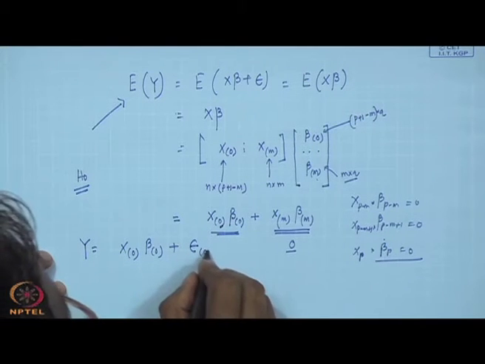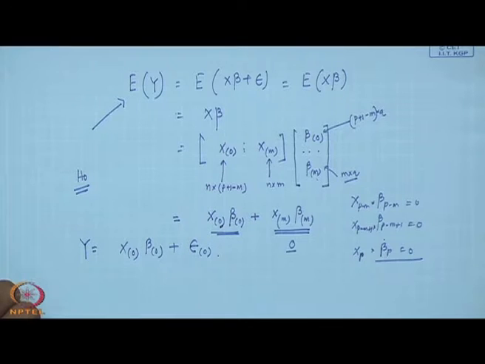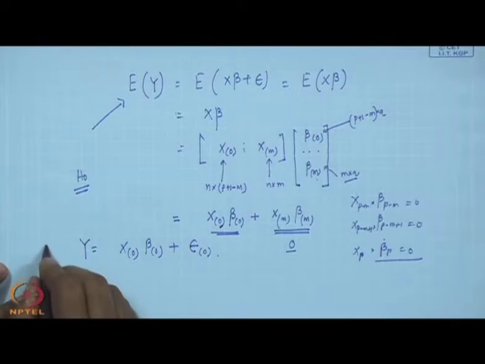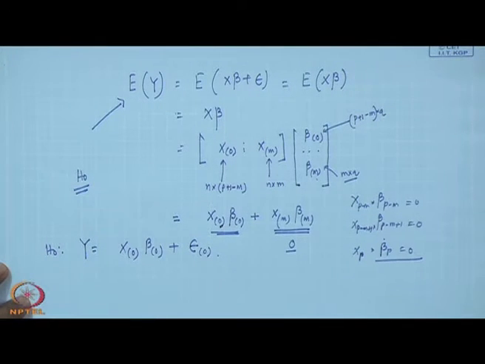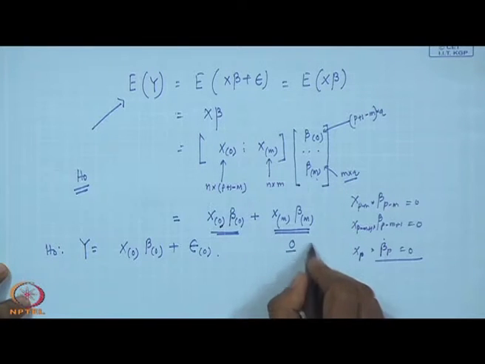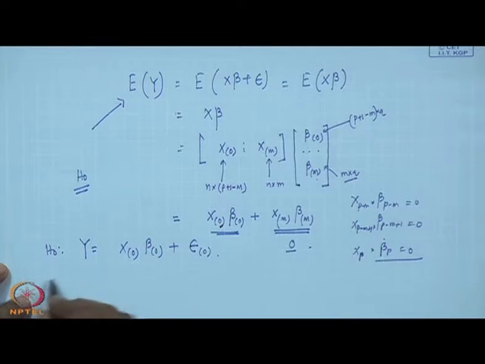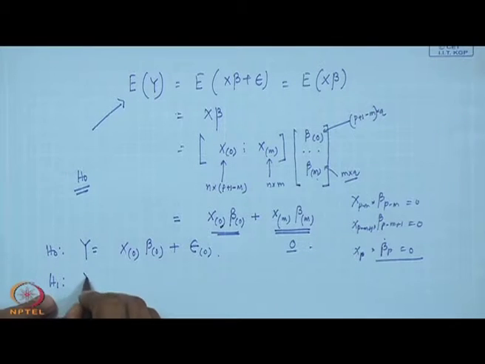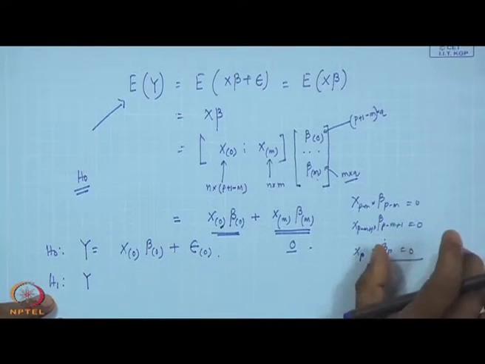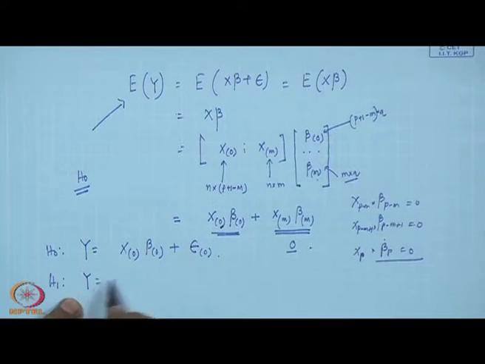So, I can write it like epsilon 0. See, this is under H0. If we say that beta m is contributing, then we will write the alternate one. The alternate is that this beta m equal to 0, which you have considered, is false, which is basically x beta plus epsilon, what you have taken earlier.